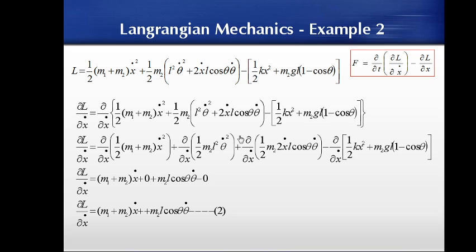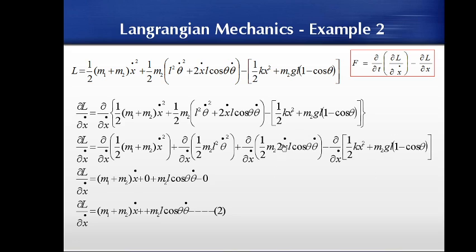So on opening up the brackets, dou by dou x dot of 1 by 2 (m1 plus m2) into x dot square plus dou by dou x dot of half m2 l square theta dot square, plus dou by dou x dot of half m2 2 x dot l cos theta theta dot, minus dou by dou x dot of the entire potential term. So this doesn't have any x dot term, so this is equal to 0.